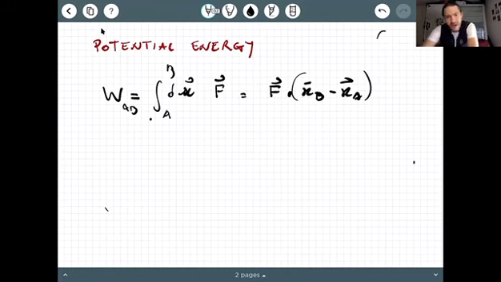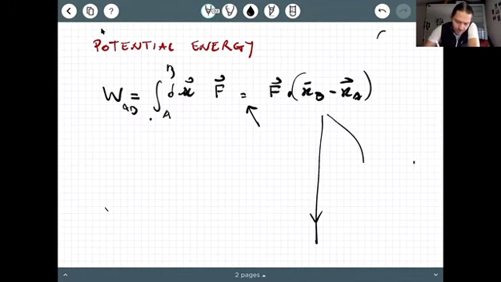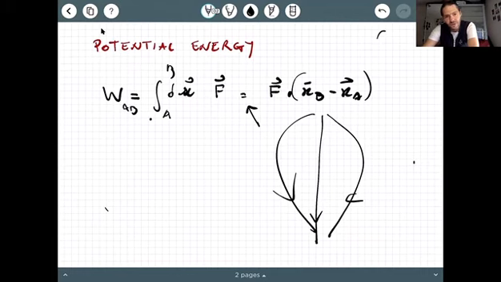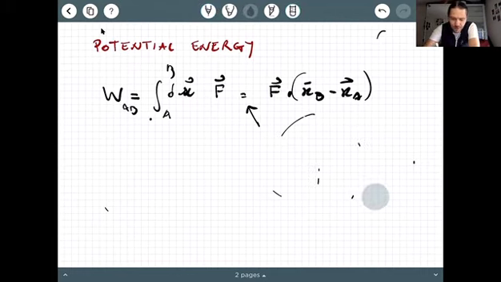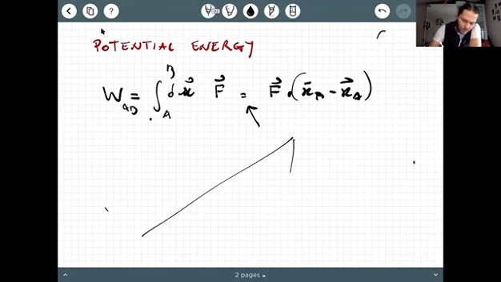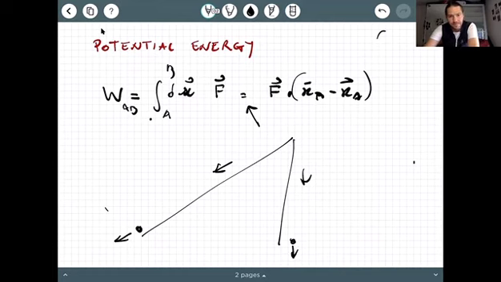And the striking thing is, regardless of the path you take going from A to B, whether you're falling down this direction or this direction or this direction, whatever you do to fall, in particular for the particle that was covering a distance h in altitude, whether you fall this way or this way, the work of the gravitational force would be the same, which implies that the final velocity will be oriented in different directions, but will be in modulus the same.